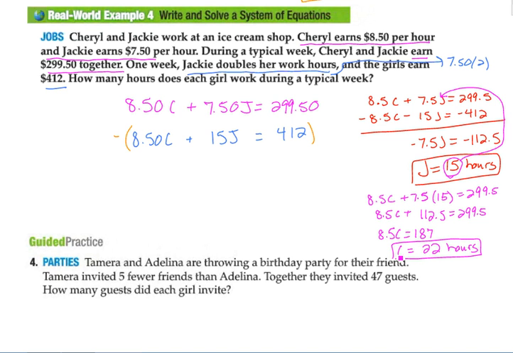Okay, translating, what is it that we know? How are we going to use that to set up equations and solve? So final answer, we are going to say, how do you spell Jackie? Jackie worked 15 hours and Cheryl worked 22 hours.